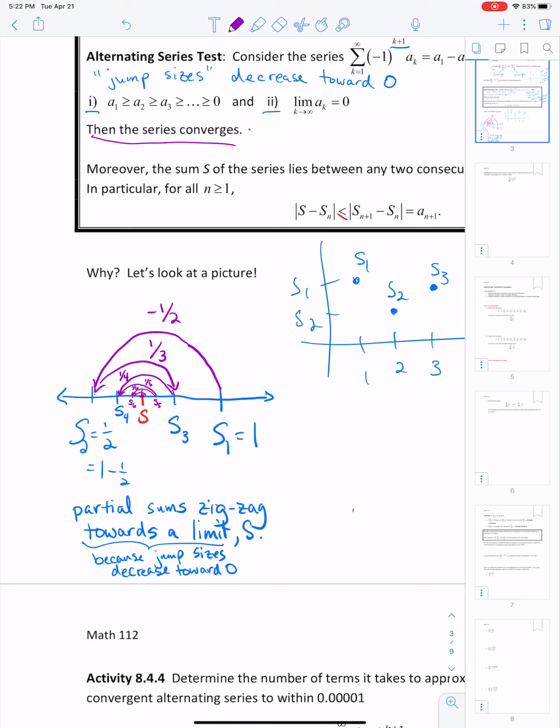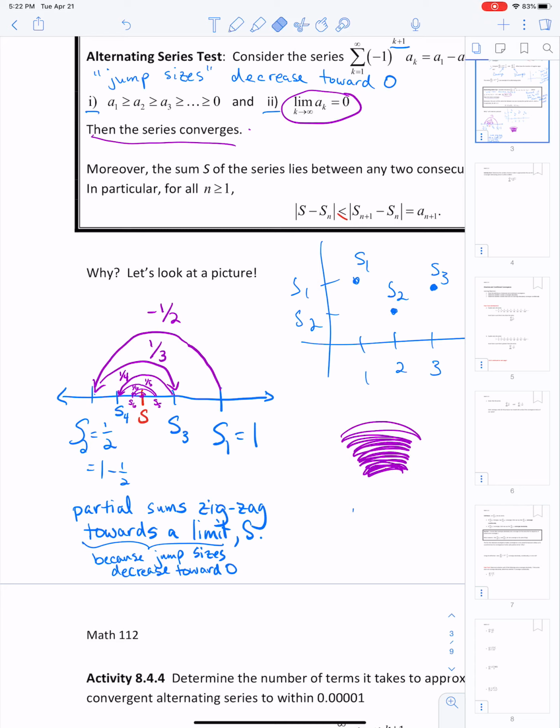And I'd like to just point out that that really heavily relies on these jump sizes going to 0. Because if the jump sizes don't go to 0, suppose the jump sizes are always approximately a half, right? I can just start zigzagging back and forth and back and forth, and I'm never actually getting close to any single point because I'm always hopping back and forth over it.